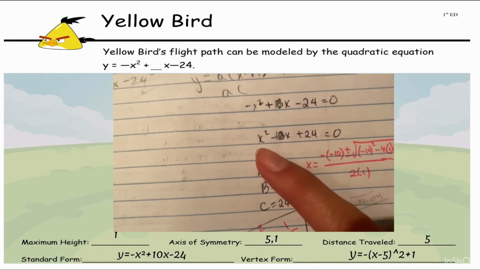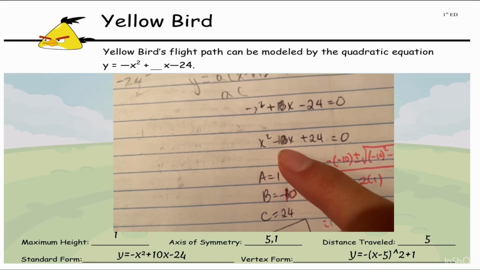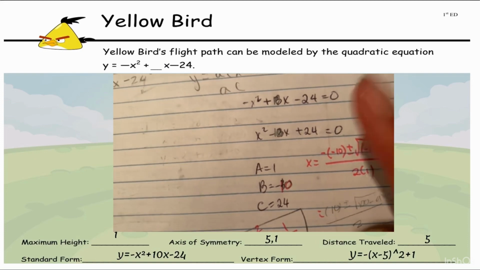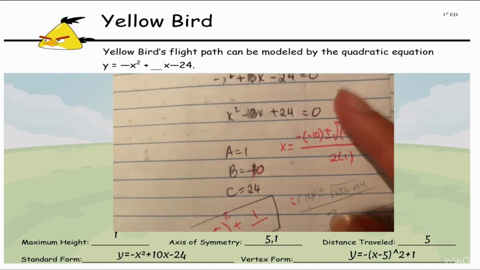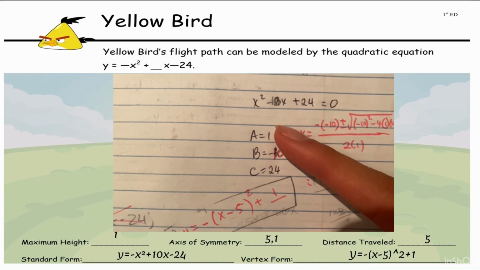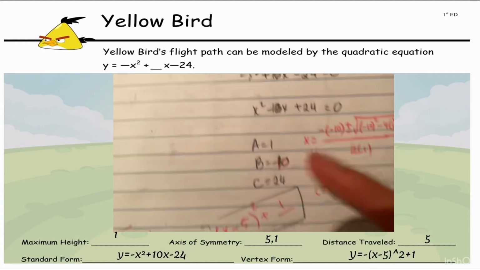And so we would then have x to the power of 2 minus 10x plus 24. And that would be our quadratic form, standard form. And so then from that, we would have our a, b, and c being 1, negative 10, and 24.